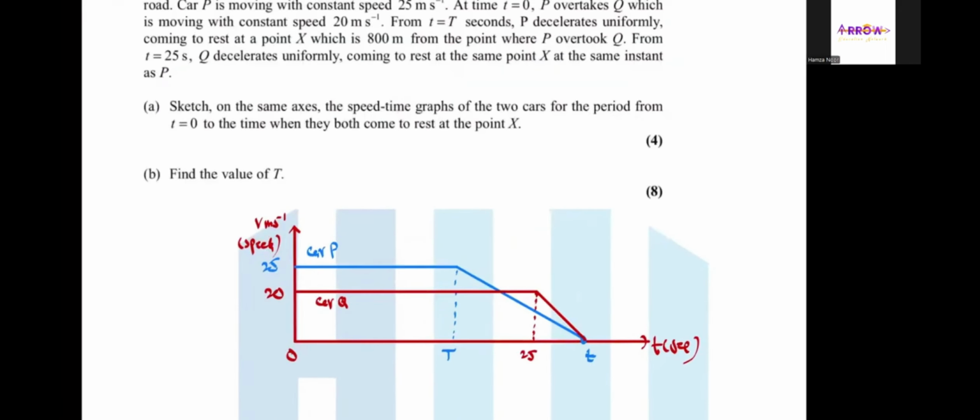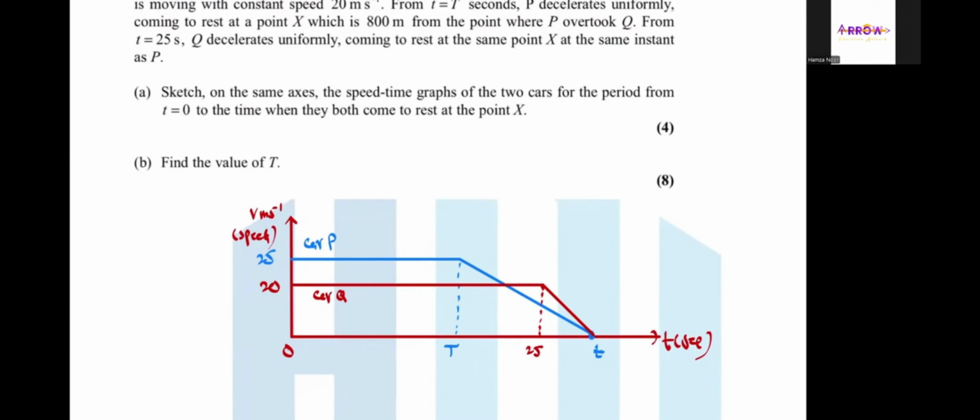So now the question arises: why have I made the sketch for car Q in this particular way, and why have I not made the sketch for this car Q something like this? So first thing is that there should be a point of intersection between the two graphs, where we don't know the value of t.